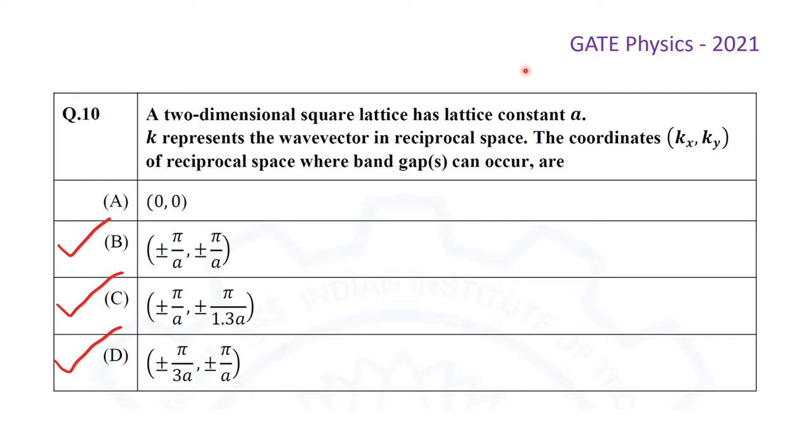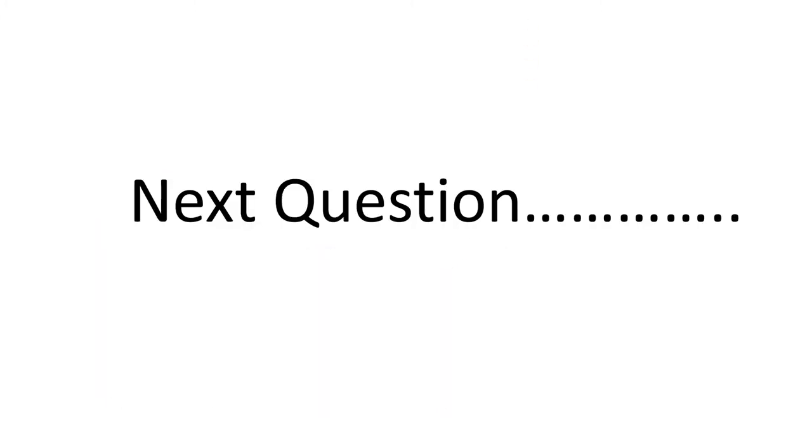After that we solved this problem, and we found that options B, C and D, that is plus minus pi by a, comma plus minus pi by a; plus minus pi by a, comma plus minus pi by 1.3a; and plus minus pi by 3a, comma plus minus pi by a, are the points in k space where band gaps can occur. So these 3 options are the correct answer for this question.